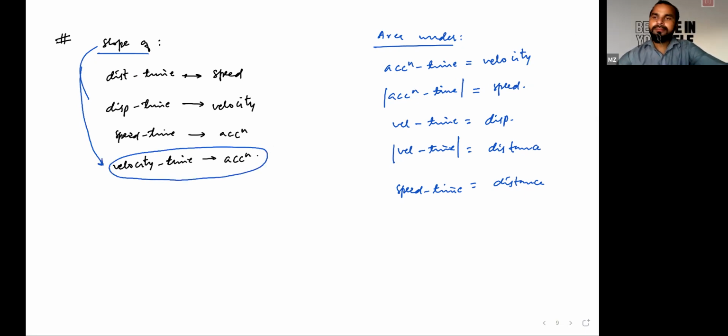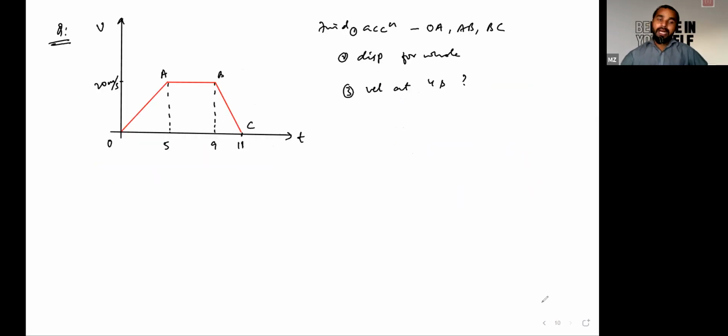Yes, sir. So from this, we can define the slope of velocity time graph will give you acceleration. Now the question is how to find slope for this particular part. In the previous lecture, I defined you to find the slope in 3 different ways.